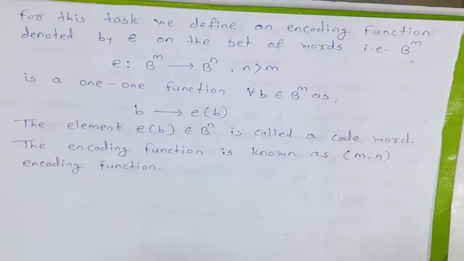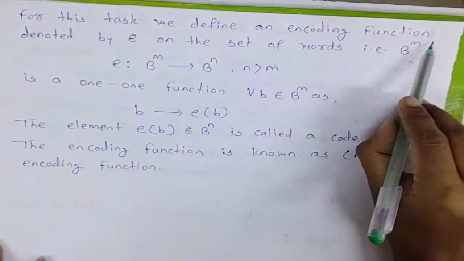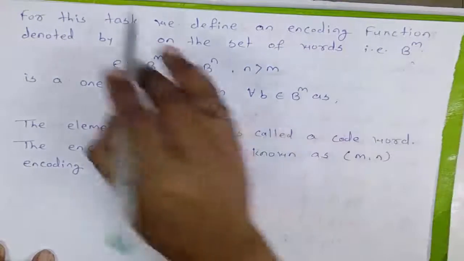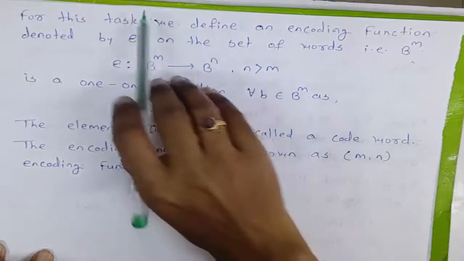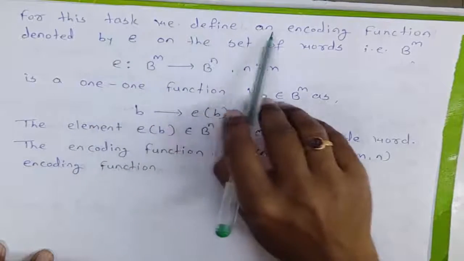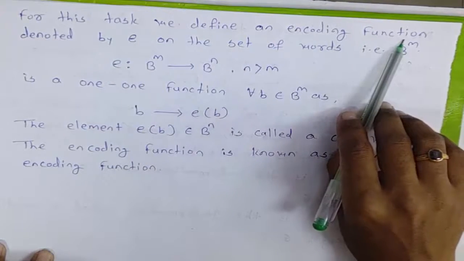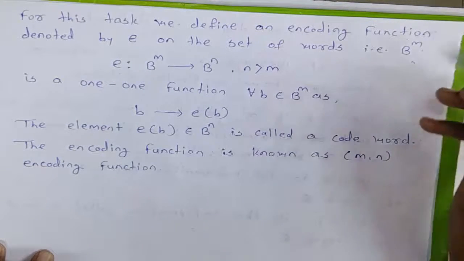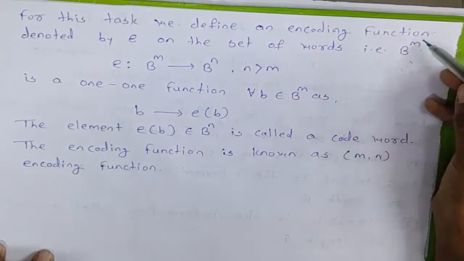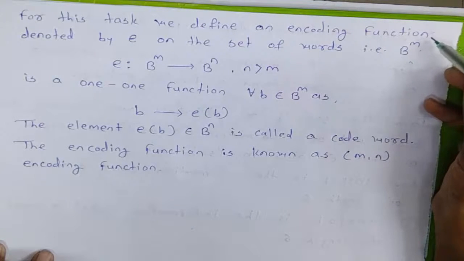So for this task, we define an encoding function. To reduce the error of transmission, we define an encoding function denoted by E on the set of words, that is B raised to m. These are the set of words.